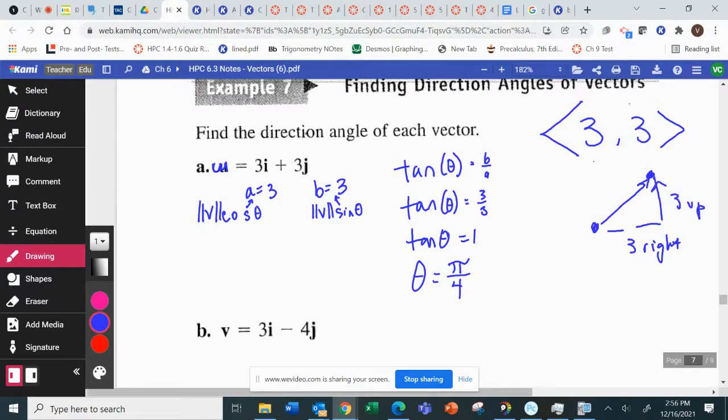So I know that it can't be 5 pi over 4 because that would have a left and a down. That would be -3, -3 from standard position. Okay. So this one I know is pi over 4 or 45 degrees, depending on whatever they want their answer to be in. I remember asking why this answer is in degrees and this answer is in radians. Does it matter? And the answer was no. It's just they changed it up.